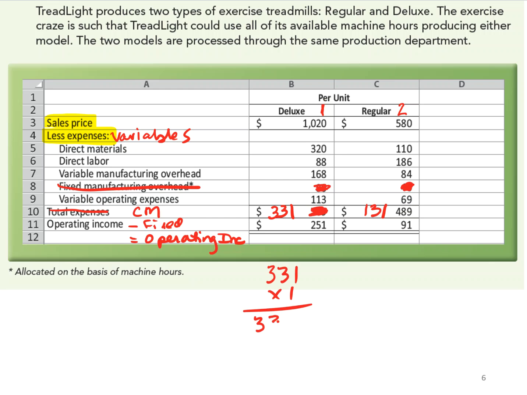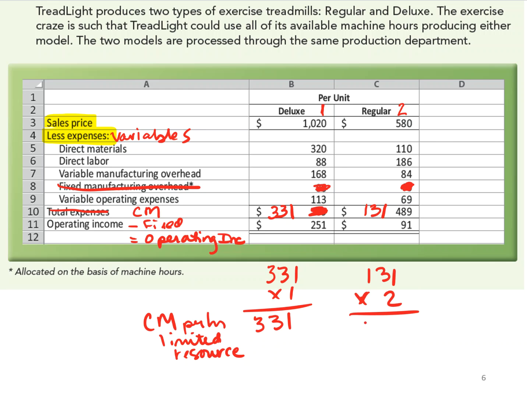That means my contribution margin per hour of limited resource is $331, whereas the 131, but I can produce 2 with 1 machine hour. So that makes my contribution margin for the regular at $262.